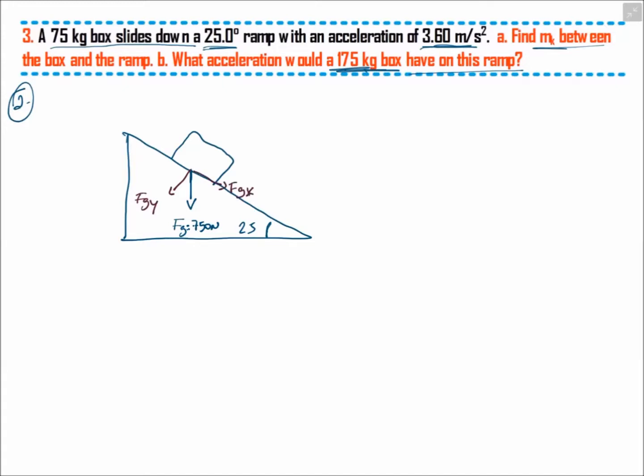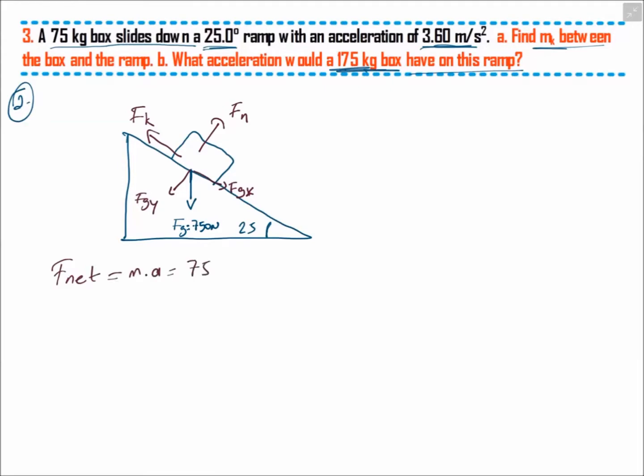The object is moving with the force of Fgx, and in the opposite direction there will be Fk, and there will be a normal force on the system, which is perpendicular to the surface of the motion. Here acceleration is given and the mass is given, so I can calculate the net force. Net force equals mass times acceleration.